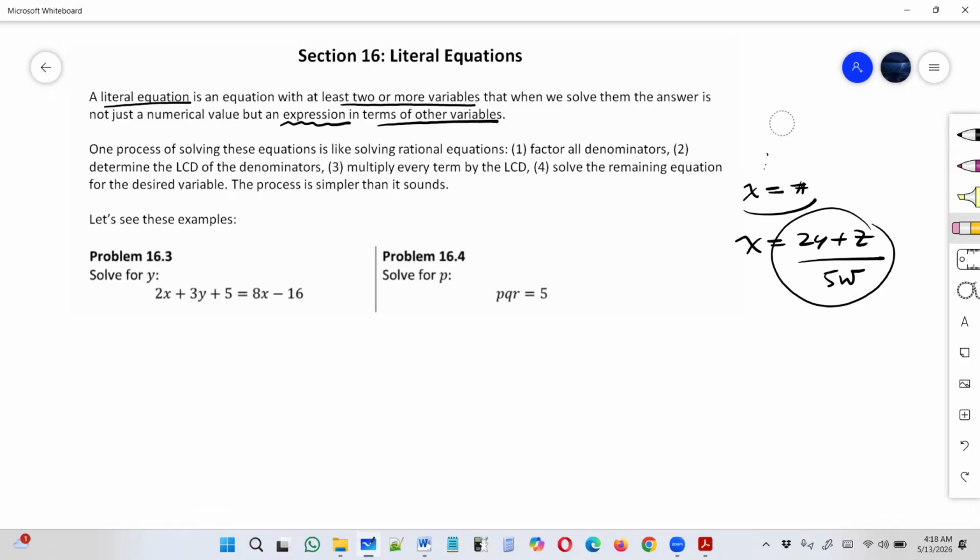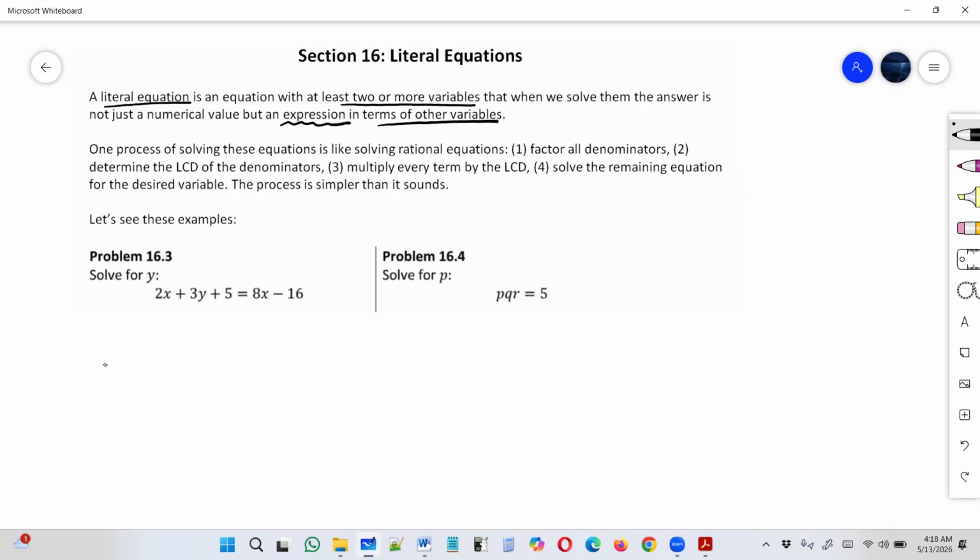Now, the process that we use to solve this obviously varies depending on the equation that we have to solve. But for the purposes of this course, these literal equations are going to be somewhat similar to solving rational equations. So I've enumerated some of the steps that may be necessary to solve them. For example, if we have a denominator, we're going to factor all denominators.